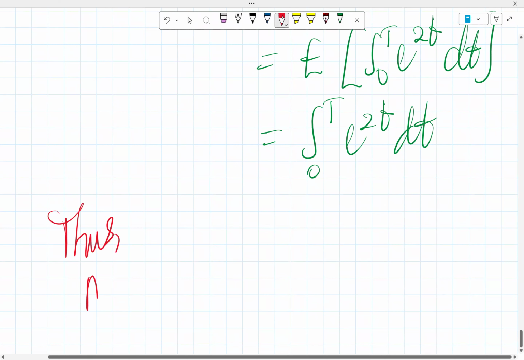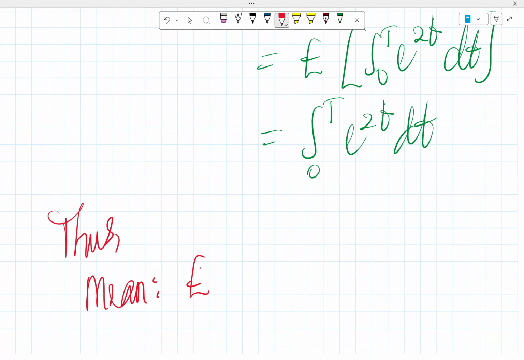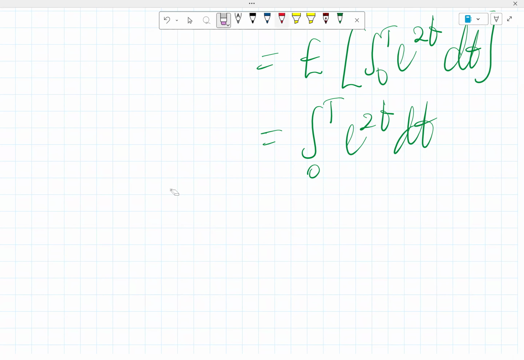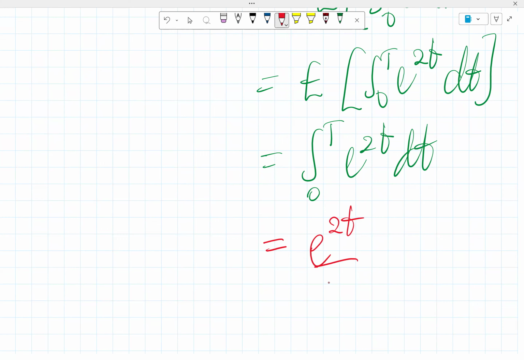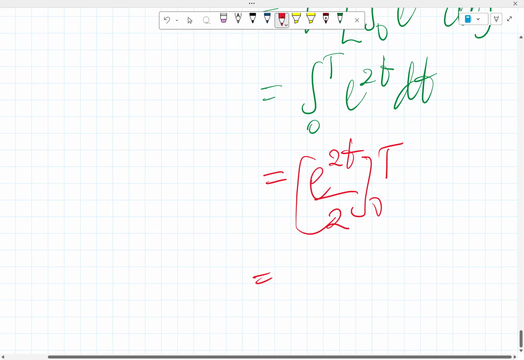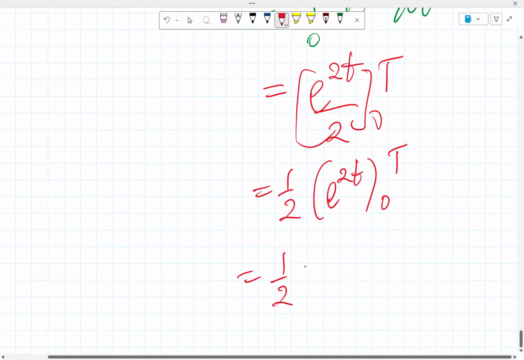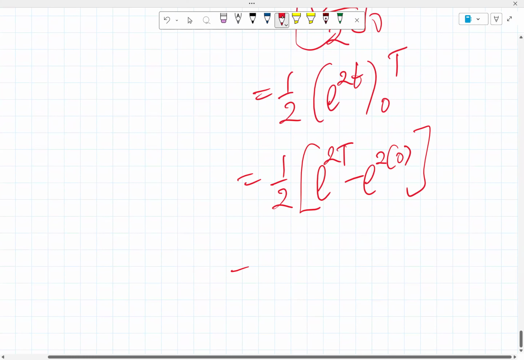So we can compute this. When we integrate e raised to the power 2t, we differentiate 2t and get 2, so that's e^(2t) over 2, from 0 to T. So we have half times e^(2T) minus e^(2·0), which is half times e^(2T) minus e^0.